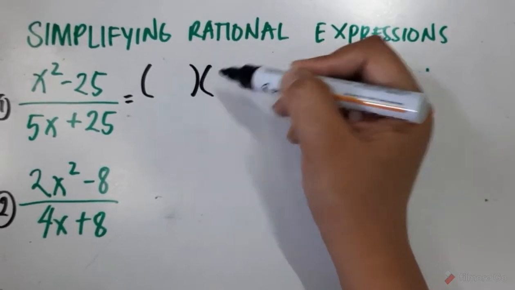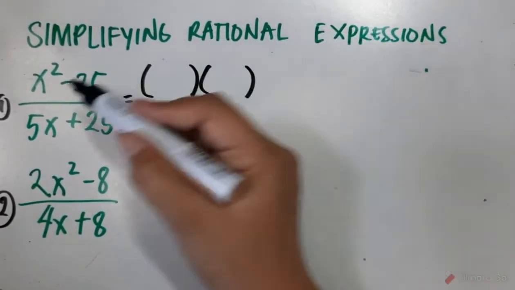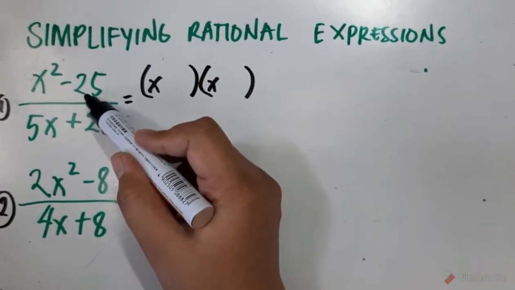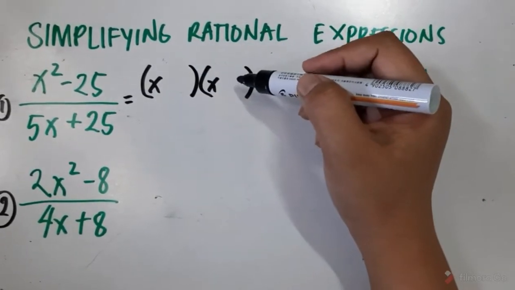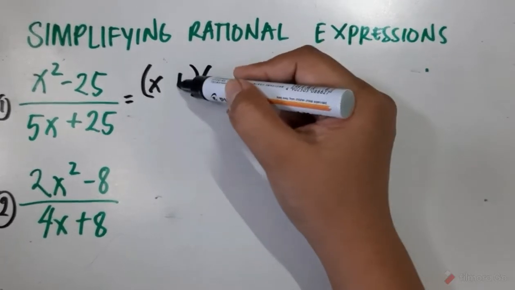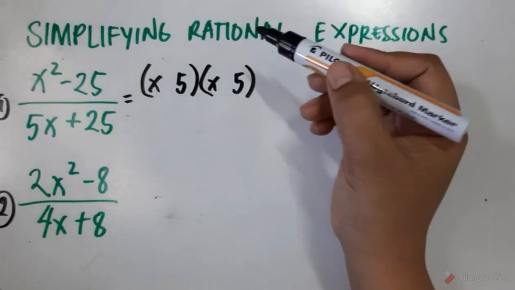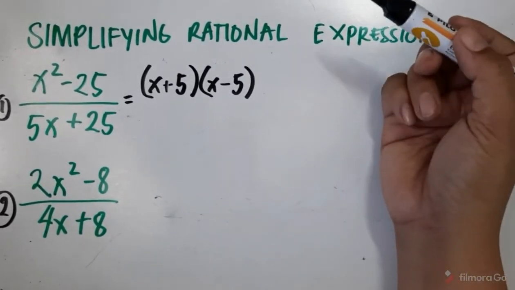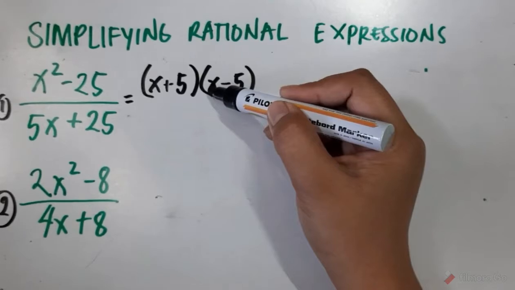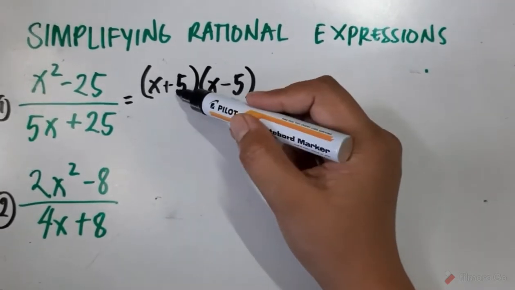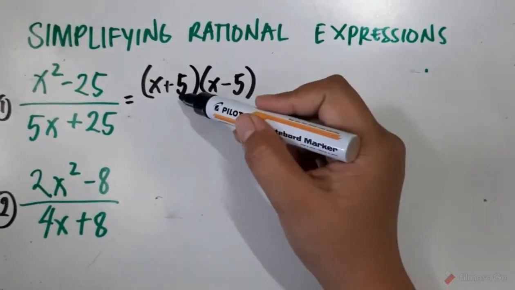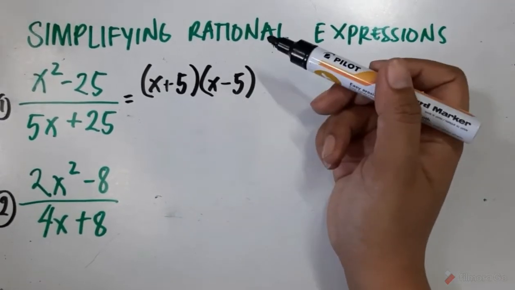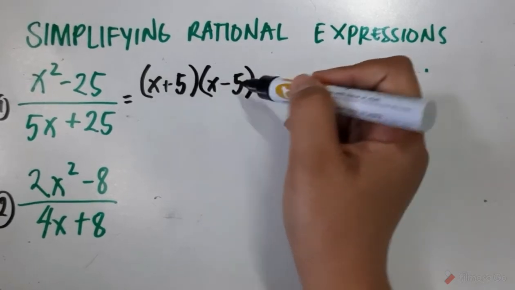So we have two binomials, x, and the square root of 25, which is 5 times 5. Since this is negative, we can have plus and minus. Let's check. x times x is x squared. 5 times 5 is 25. 5x and negative 5x is equal to 0. So this is our factor.